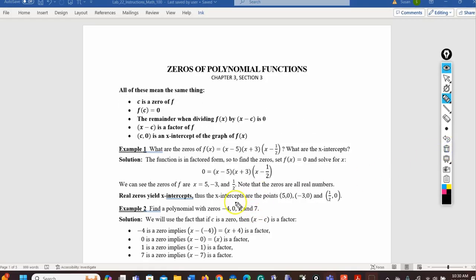So x plus 4 is one of the factors. Let's go on to the next zero. 0 is a zero, and so x minus 0 is a factor. Now x minus 0 is just x, so that's where we get this second result. Then we're told that 1 is a zero.